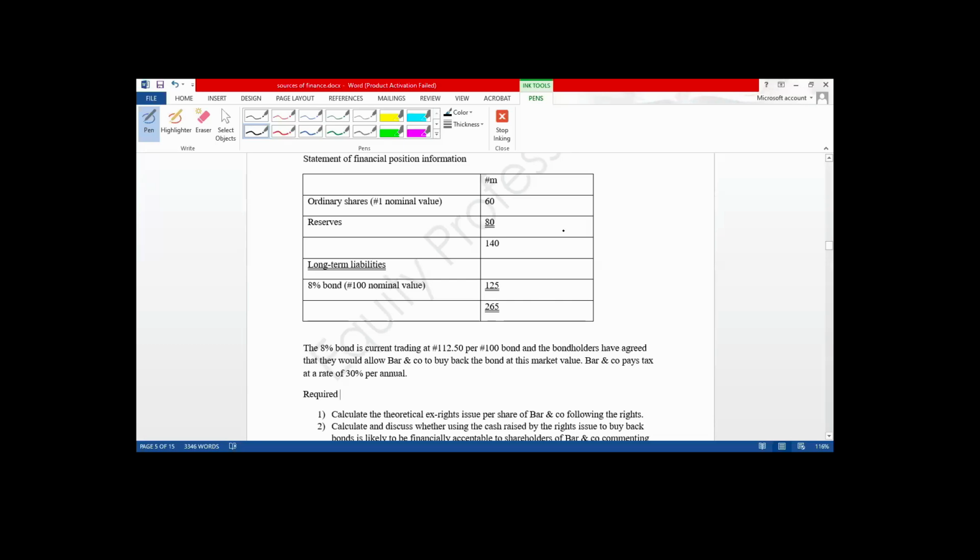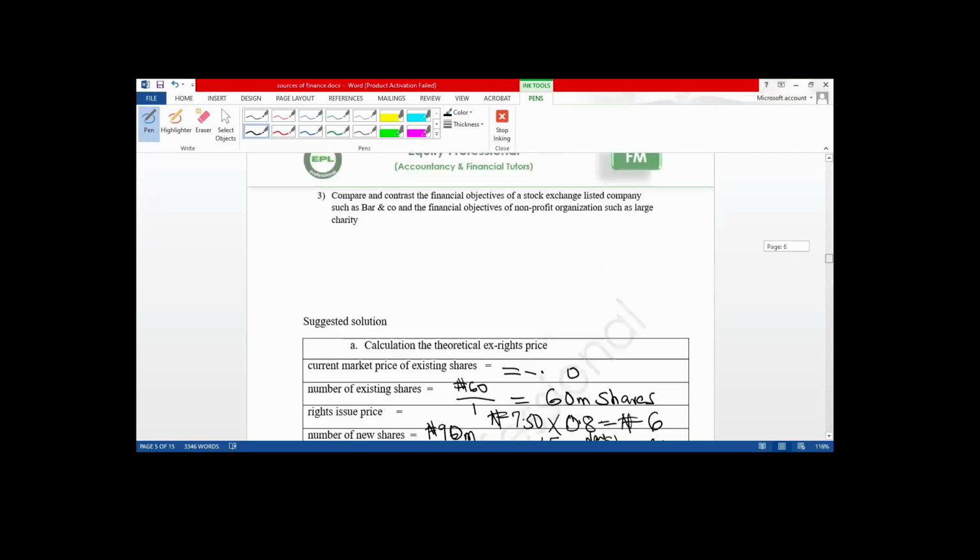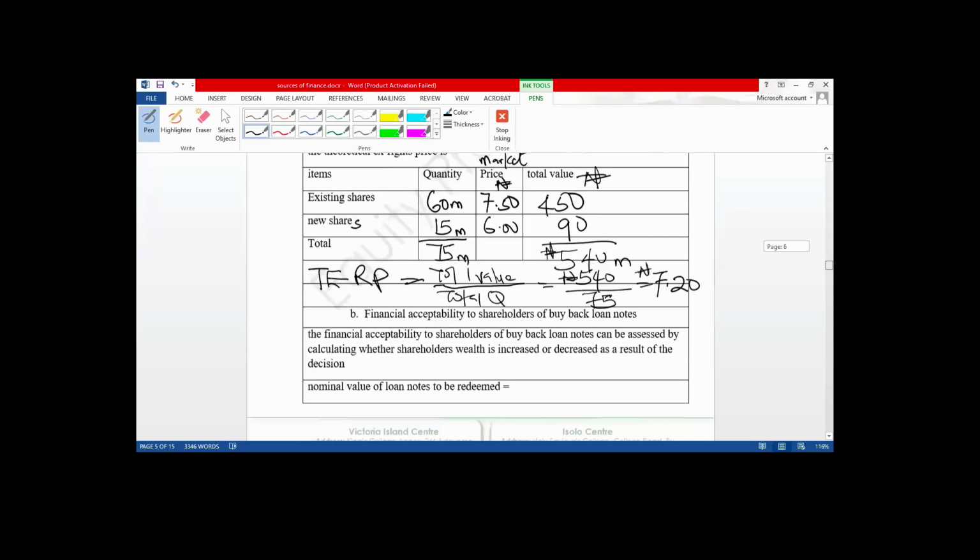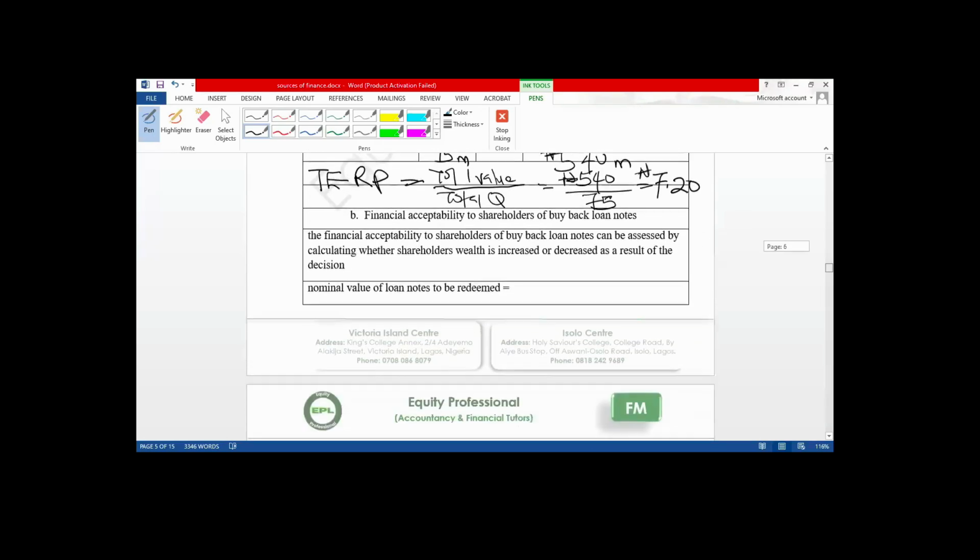The price of one bond in the market is 112.5. You have gotten 90 million. You are going to ask yourself, how many bonds can I repurchase? You are going to divide 90 million by 112.5.